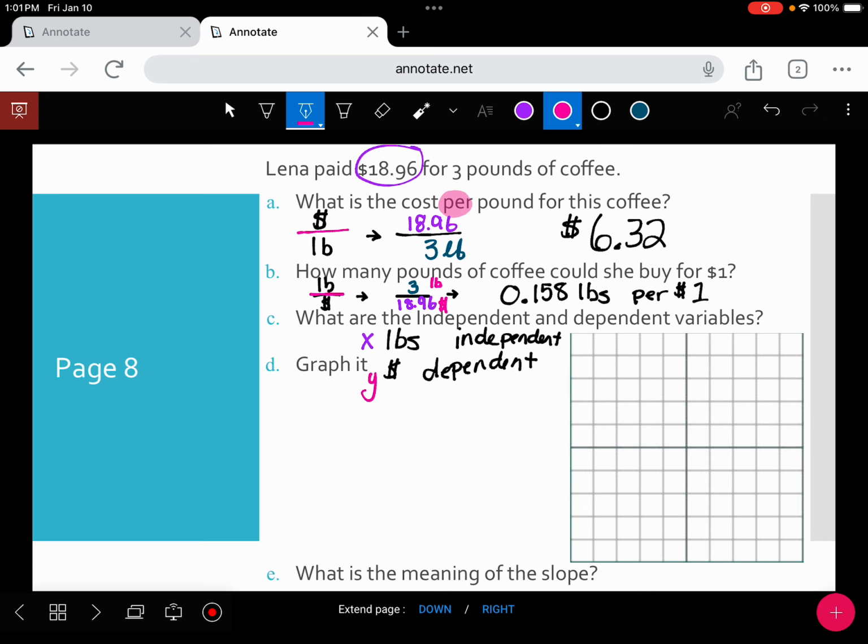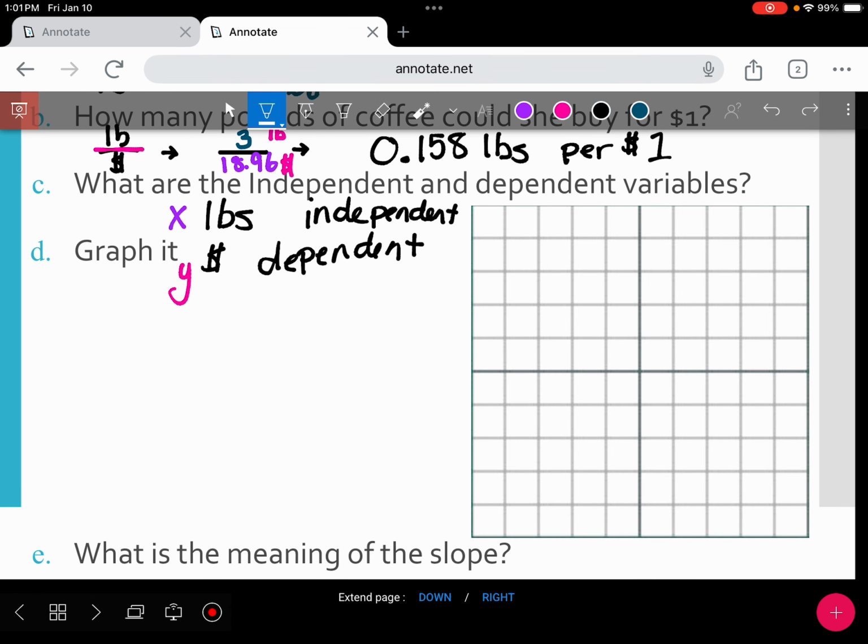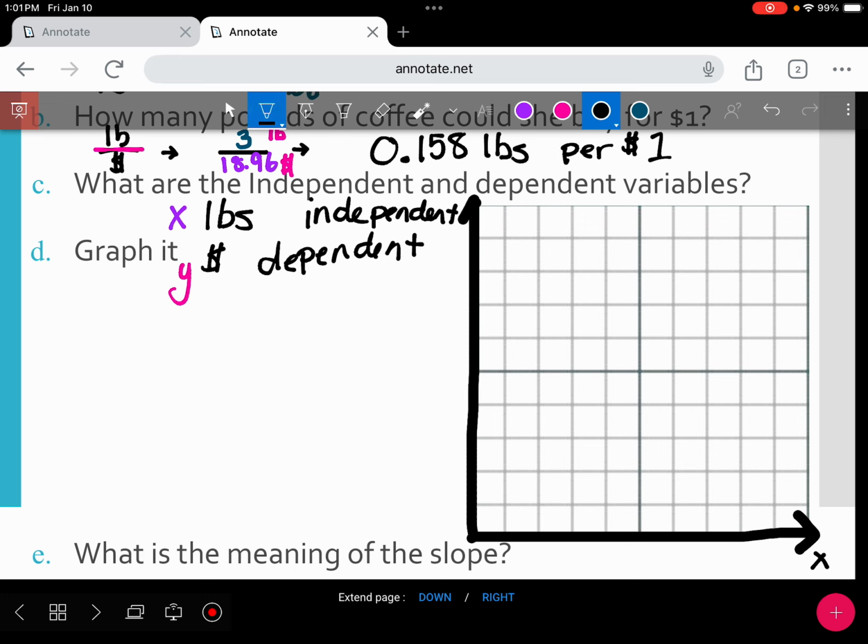It's just kind of a grid. They did give us a little bit of information. They drew the axes on there, on yours at least. On mine it doesn't have it. So on yours, it's got this side and a little arrow, and it says X, and it's got this side and a little label that says Y.